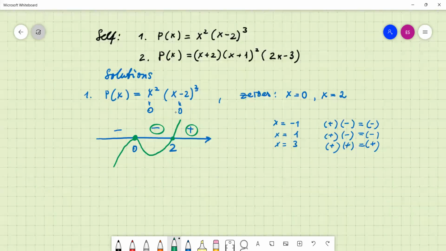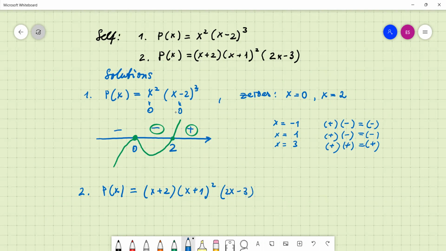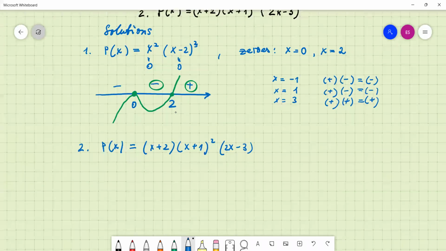And for the next problem, let me try the next problem. P of x equals (x plus 2), (x minus 1) squared, and (2x minus 3). So again, I'm going to find zeros. And we remember that zeros are going to be solutions of the little factors.